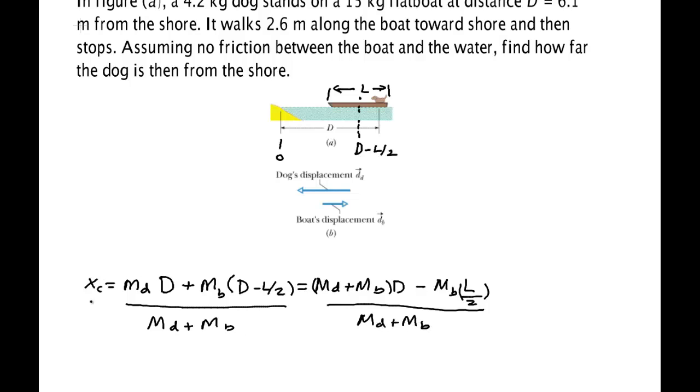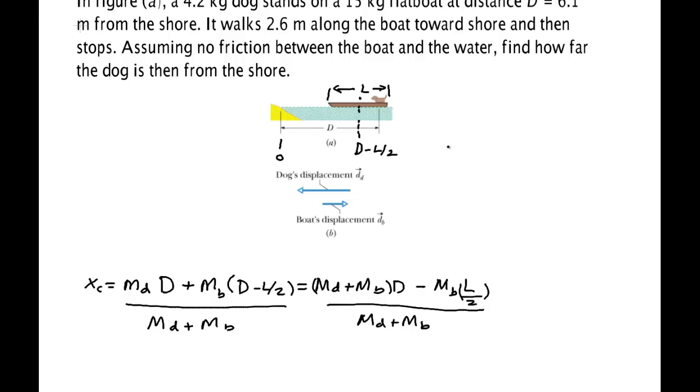Now, this location of the center of mass will not change in the problem because there's no net external force. And in fact, I really don't need to care about the denominator when I equate the center of mass from both the before and after pictures, because the mass of the system will not change. What I need to do now is draw a new picture.